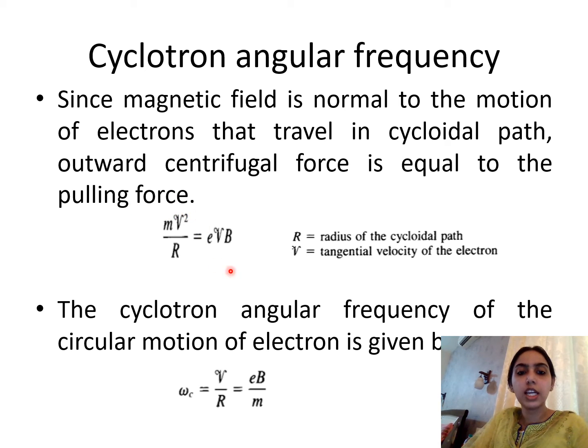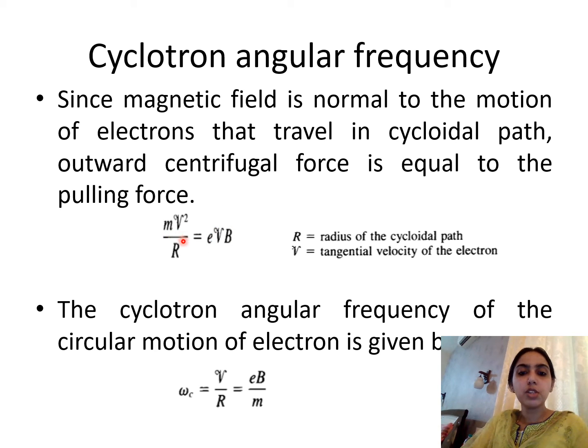Pulling force here indicates the magnetic force acting on such a favorable electron. So the outward force acting on the electron, that is the centrifugal force, will be equal to the pulling force or the magnetic force which is acting on the electron.